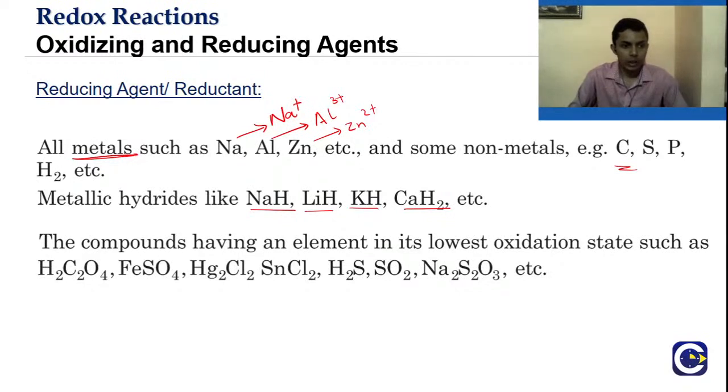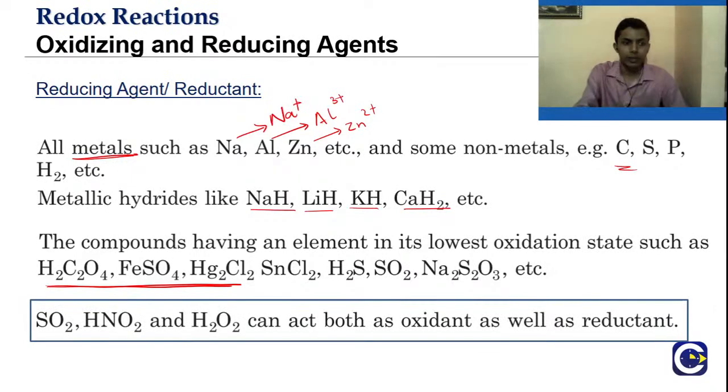The compounds having an element in its lowest oxidation state have chances of acting as a reducing agent because they want to increase their oxidation number. SO2, HNO2, H2O2 can also act as oxidant as well as reductant.